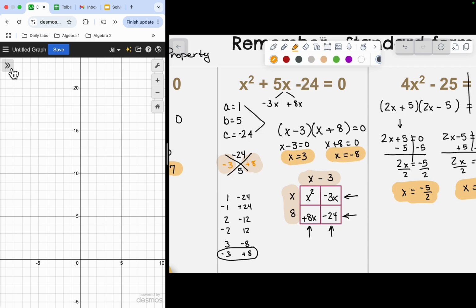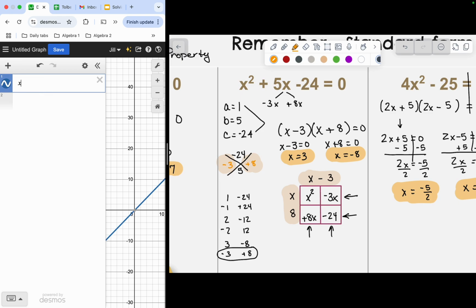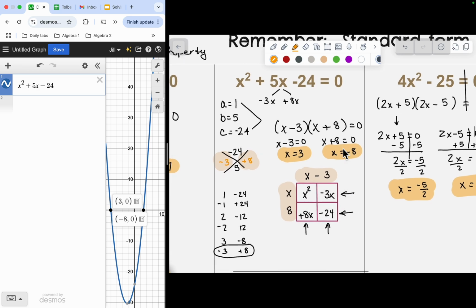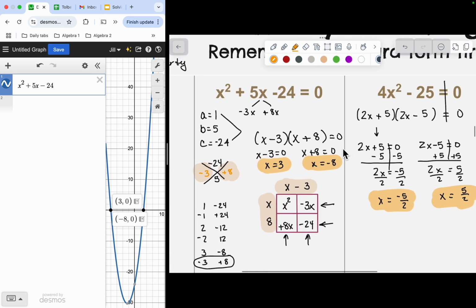And we can check, again, by graphing that quadratic function to double check and make sure that those are our x-intercepts. And you see right here, you've got an x-intercept of 3, which is one of our solutions, and you've got an x-intercept of negative 8, which is our other solution. So that's another method of factoring.